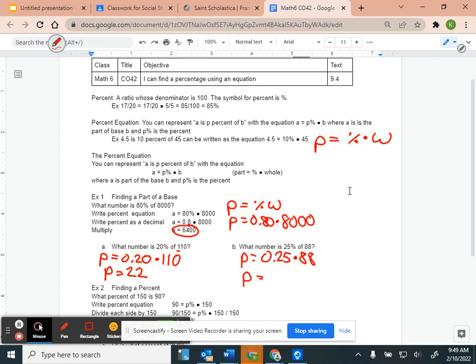So what is our part? What is 25% of 88, Lily? 22, again? Oh, look at that. 22 is 25% of 88. Does that make sense? Let's scroll our page up.